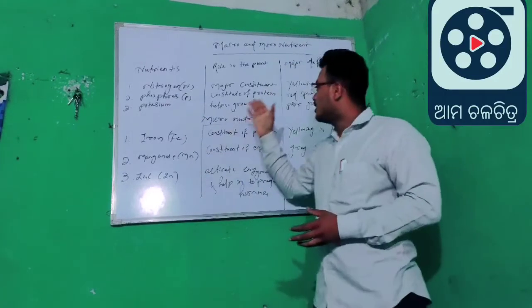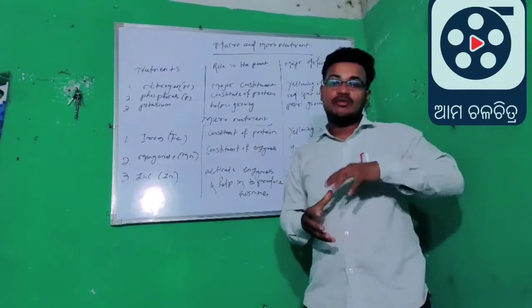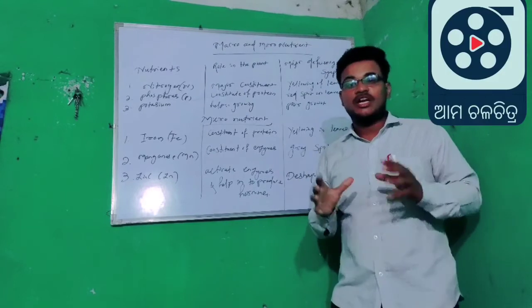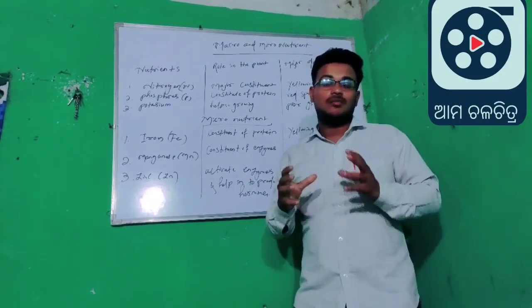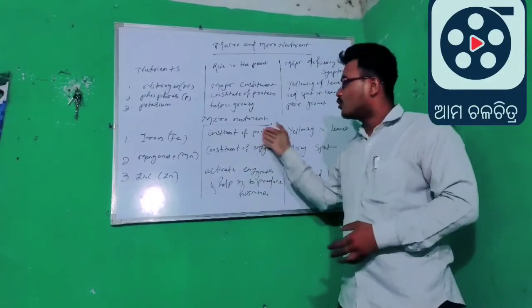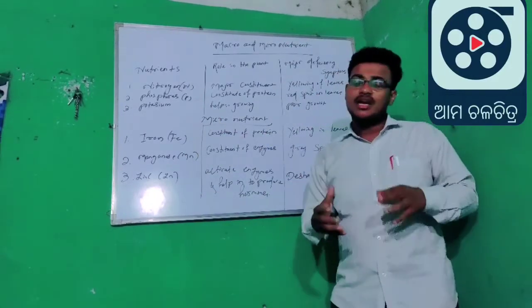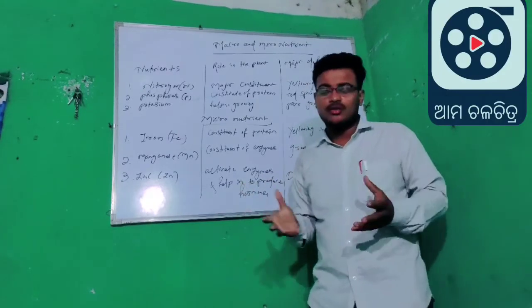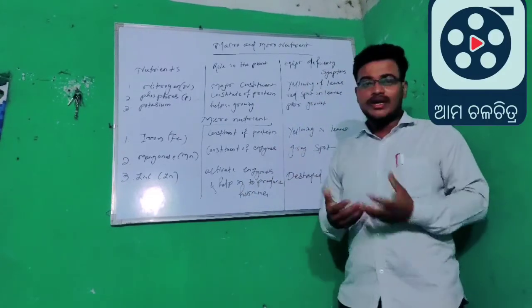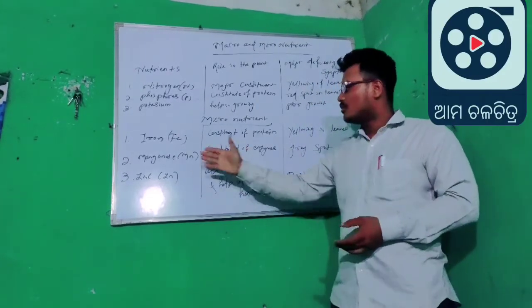Potassium helps in growth. If potassium is deficient, growth is inhibited, and the plant cannot grow properly. Micro elements, iron: it also helps constitute protein, and its deficiency also causes yellowing of leaves.